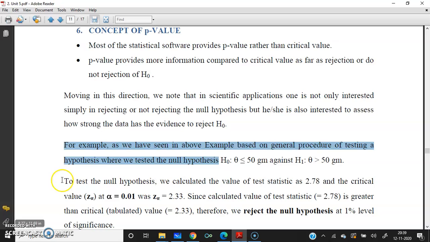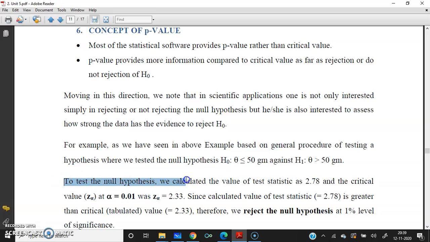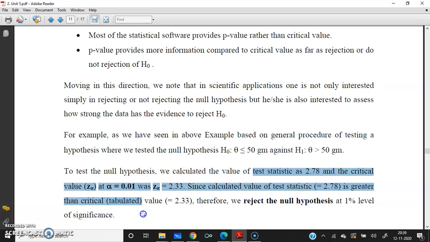To test the null hypothesis, we calculated the T statistic, that is 2.78. The critical value, Z alpha at 0.01 level of significance, that is the table value, is 2.33. Since the calculated value of the test statistic, 2.78, is greater than the tabulated value.